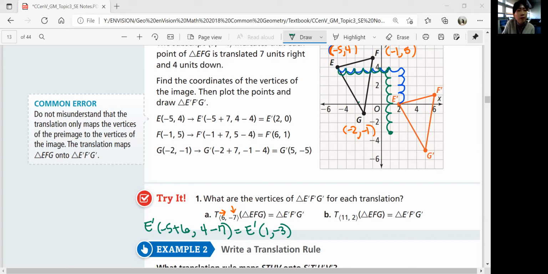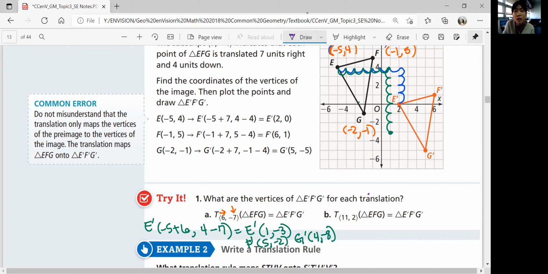So your F prime will be 5 comma negative 2 when you add 6 to negative 1 and subtract 7 from 5. And G prime should be 4 comma negative 8.